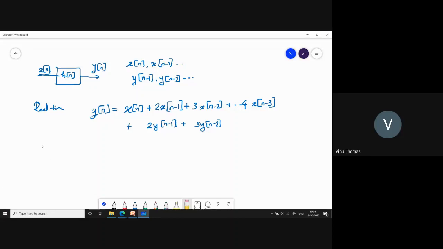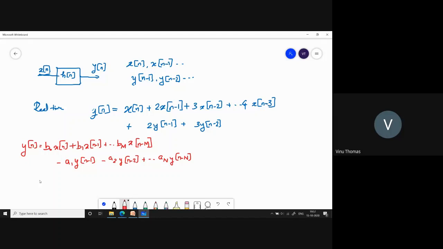So we will write the general equation. So the general equation would be y of n is equal to b0 x of n plus b1 x of n minus 1 plus etc. up to bm x of n minus m, minus a1 y of n minus 1 minus a2 y of n minus 2 minus etc. up to an y of n minus n.